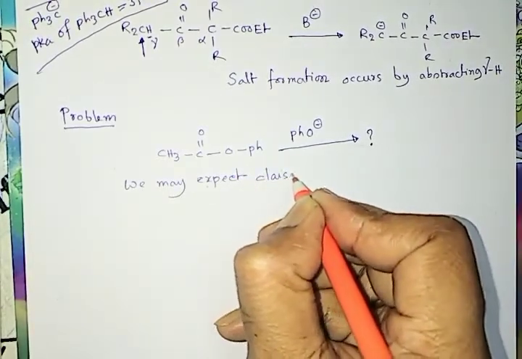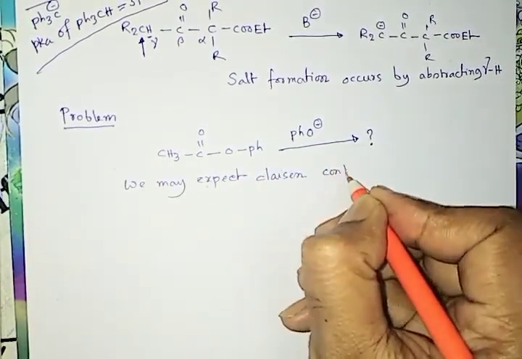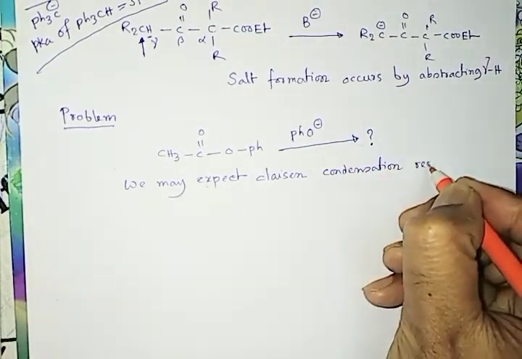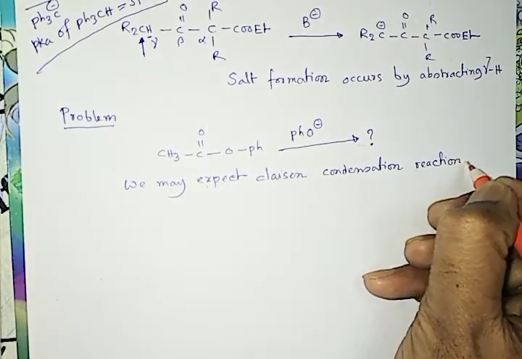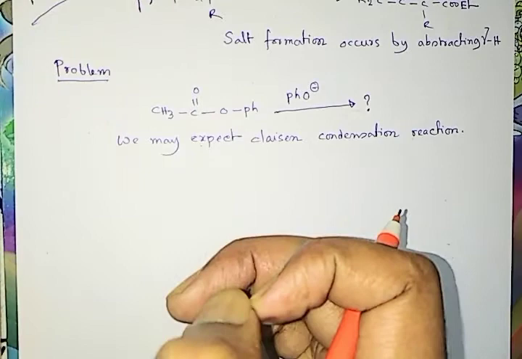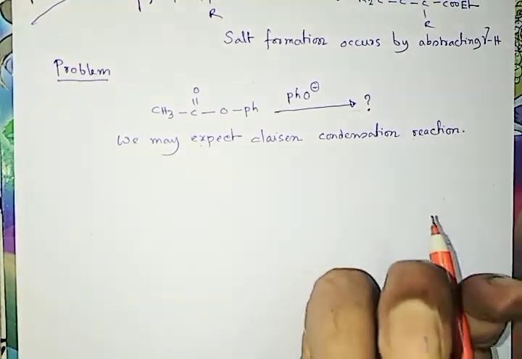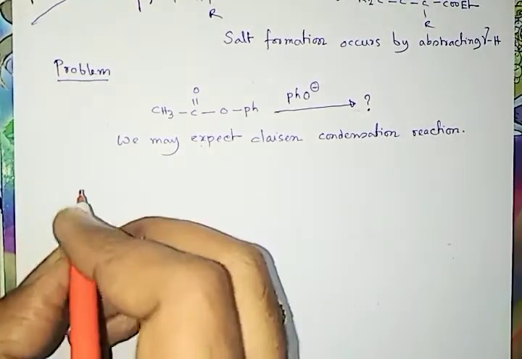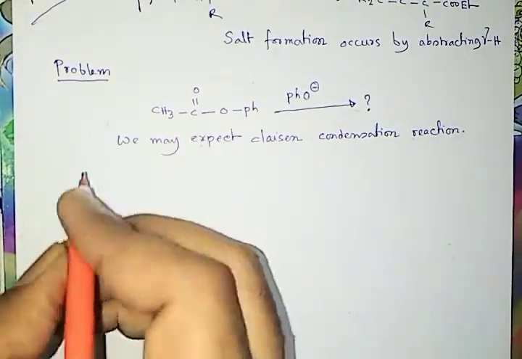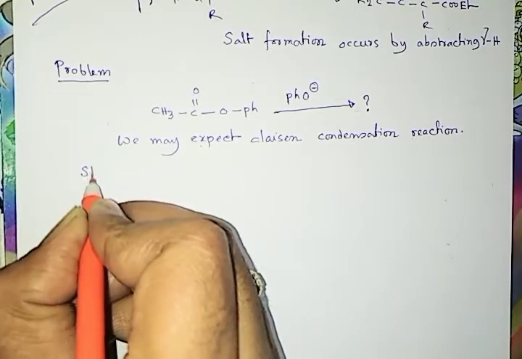Now we have to analyze step by step with the help of pKa values to understand whether the reaction will occur successfully or the equilibrium will remain on the starting material side. That we have to analyze.